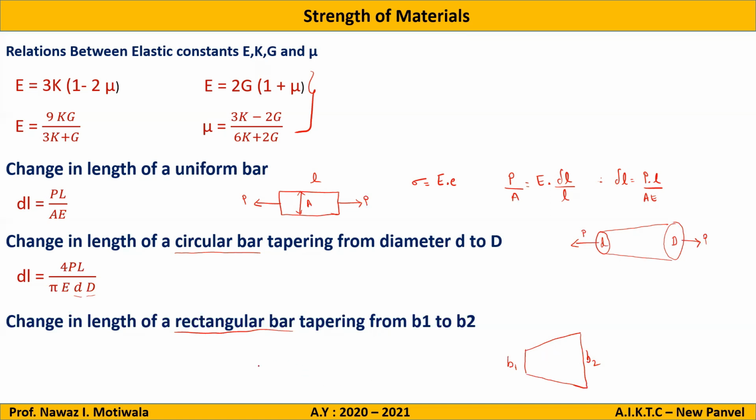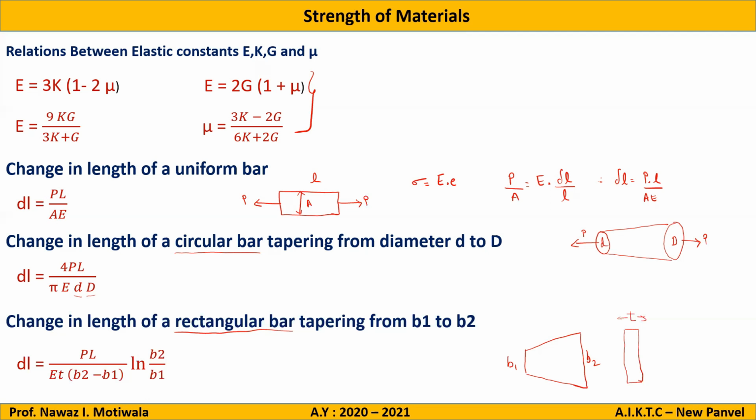In this case, the change in length is given by PL divided by E into T, where T is the thickness. As it is a rectangular bar, it will have some thickness. If I make a side view or cross section, this is nothing but T. So the change in length is PL divided by E into T into (B2 minus B1) into log of B2 upon B1.